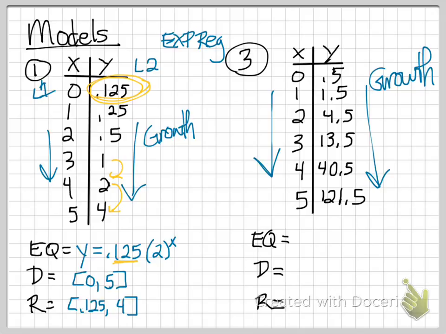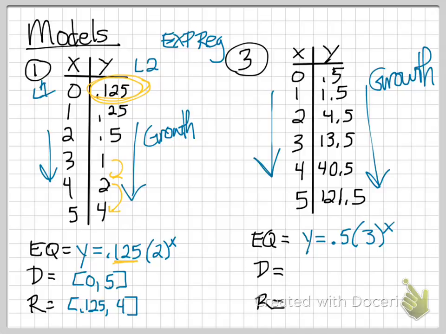All right. So I go to Stat, Edit, put my numbers in. Notice the x's are the same on all of these, so you can leave those alone and just change your y's. Then go to Stat, Calc, and select EXP Reg. The equation is y equals 0.5 times 3 to the x power.